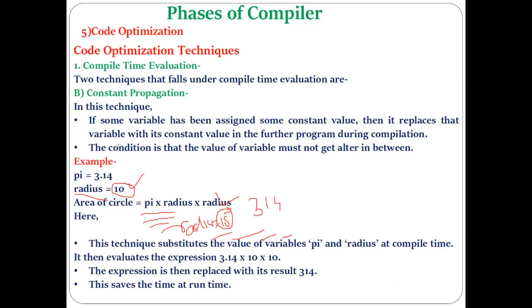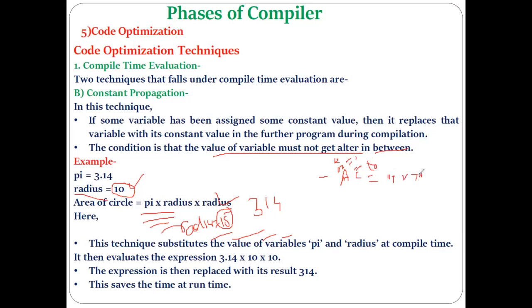The condition is that the value of the variable must not get changed, must not get altered in between. In between in the sense, suppose here you have declared pi as 3.14, here you have declared the radius equal to 10, and here you have written the formula area of circle equal to pi into r into r.